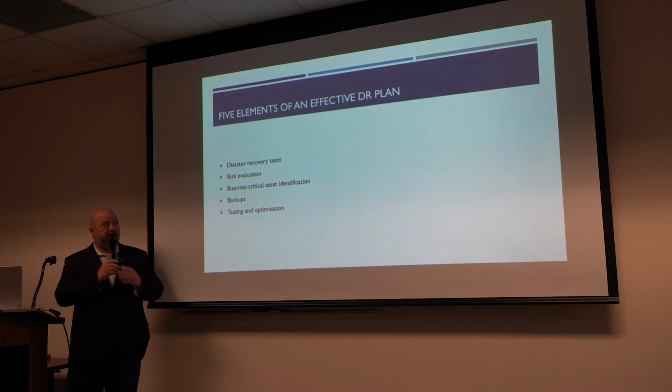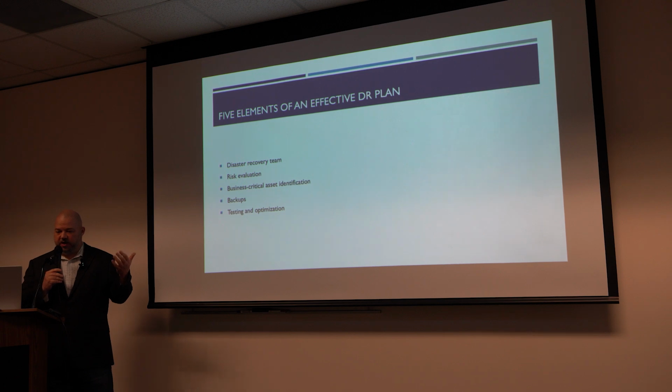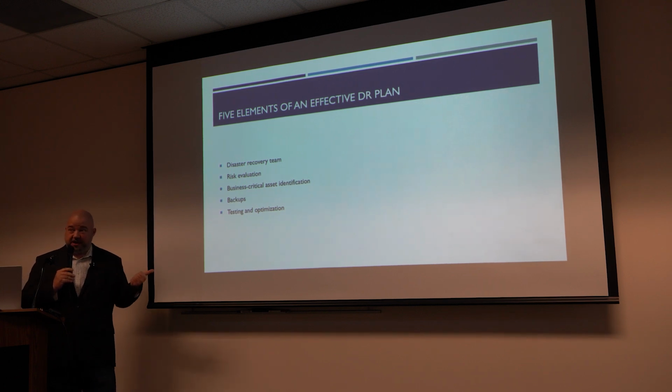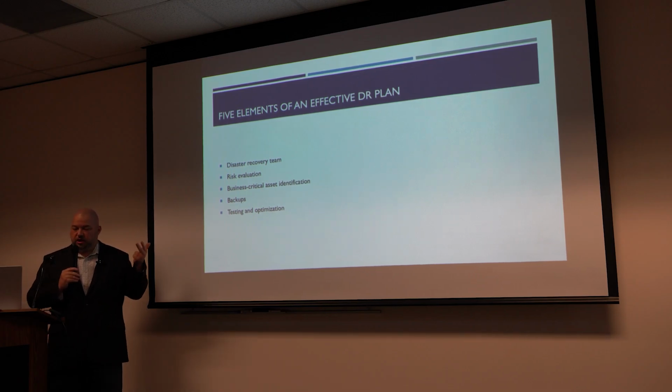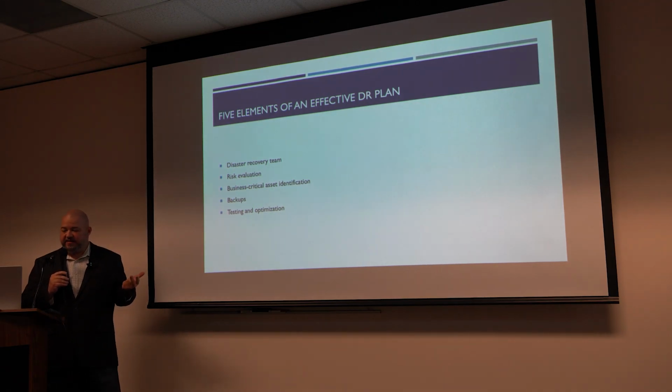Every solid disaster recovery plan has 5 critical elements. You have your disaster recovery team, basically the people that make this work. You have full-on business risk evaluation. You have to identify your business critical applications and assets.